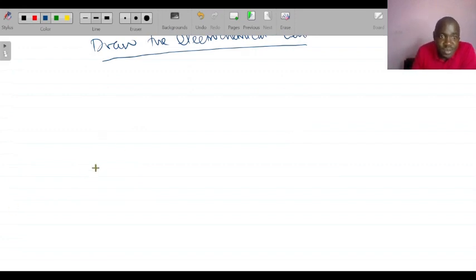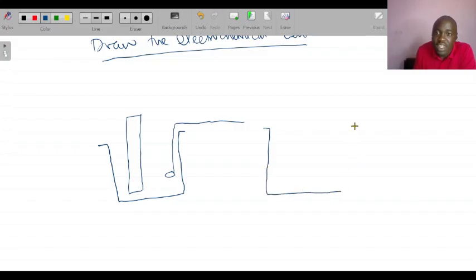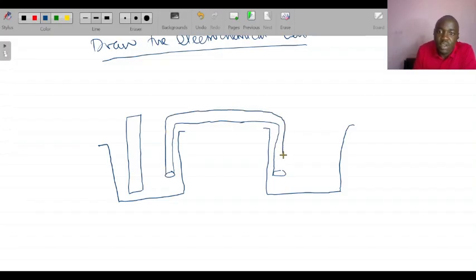So to start off, I'll just draw my G electrode. I have it here. Don't worry about the shape. Then of course I'm going to bring in the salt bridge. Before I bring the salt bridge, let me draw the other half cell. So I'm trying to bring in my salt bridge.